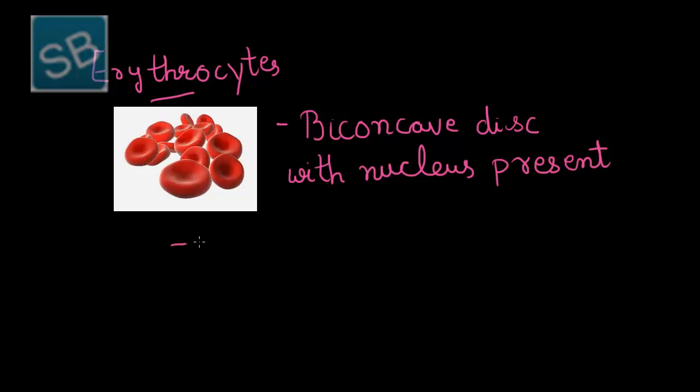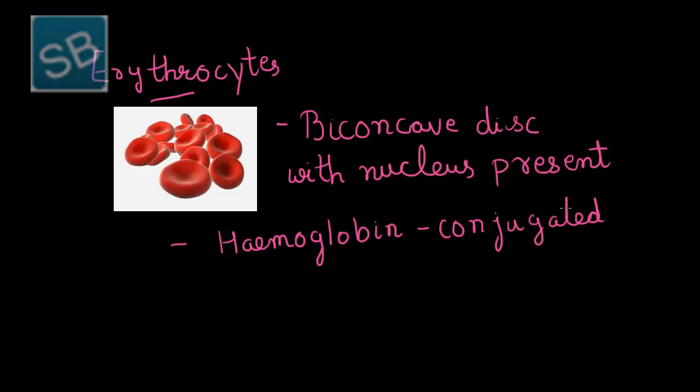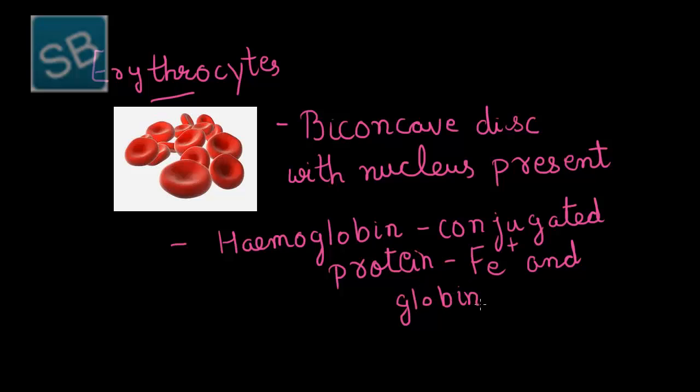The reddish color of RBCs is due to the presence of a pigment known as hemoglobin. Hemoglobin is a conjugated protein that consists of iron, that is Fe plus, and globin, a protein, which exhibits the reddish color of RBC.